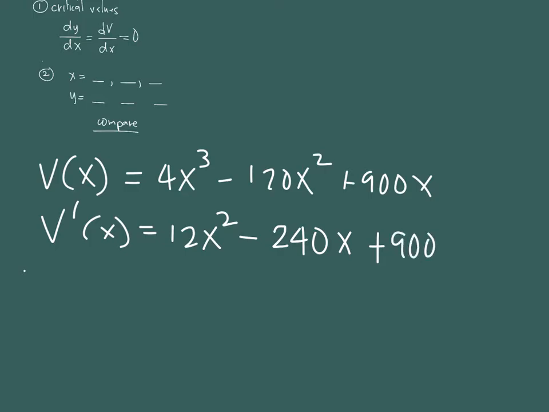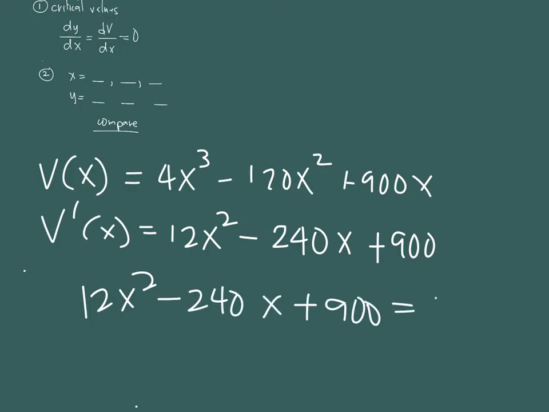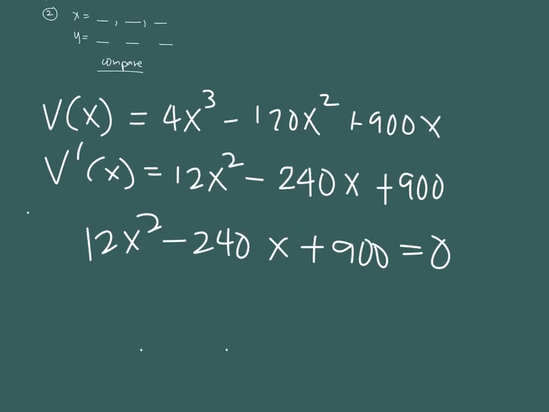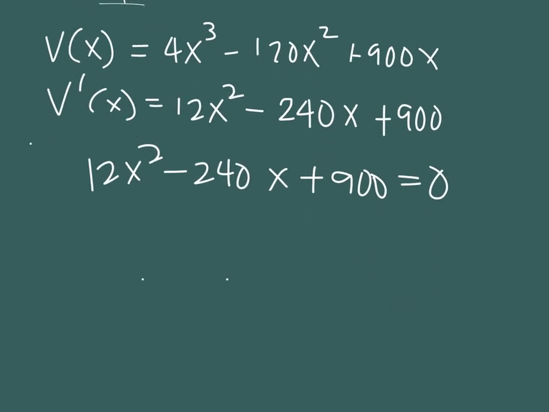And the x that we need will be the x that will make this equal to 0. That is dv over dx is equal to 0. So how do we find the x from this equation? Factor. Or maybe we could simplify first.